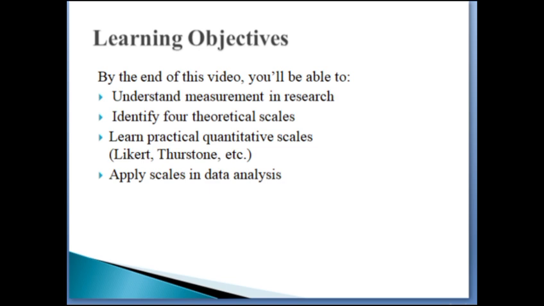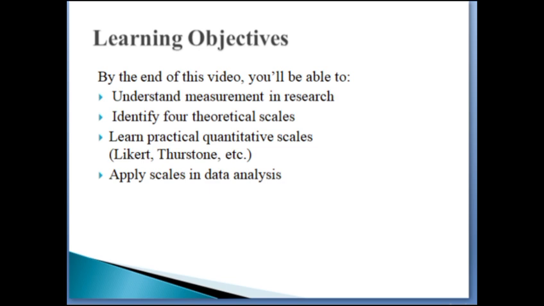Learning objectives. Let's start with what we aim to achieve in this video. First, you will understand what measurement in research really means, not just numbers but the rules behind assigning them. Next, we will identify the four classical scales of measurement: nominal, ordinal, interval and ratio.